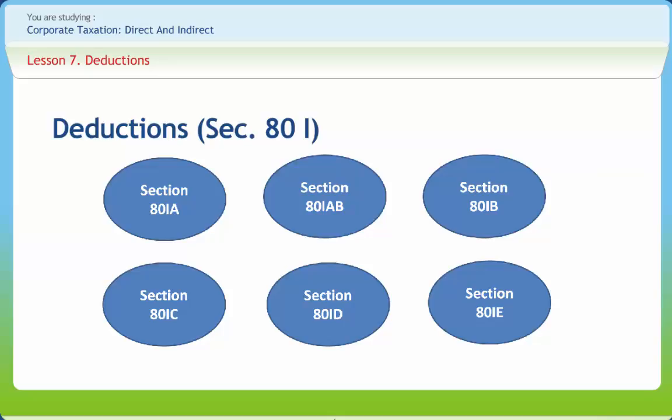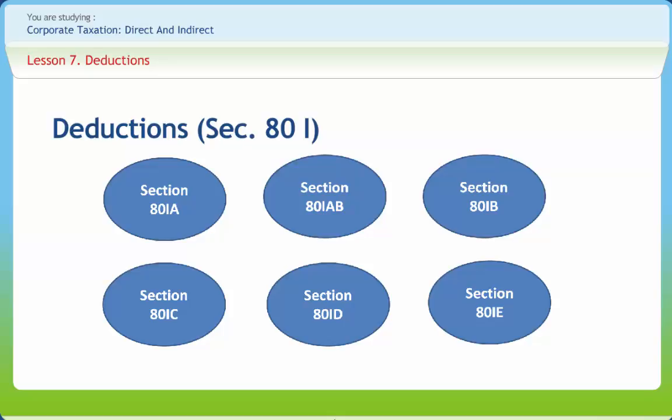It has entered into an agreement with the central government or a state government or a local authority or any other statutory body for developing or operating and maintaining, or developing, operating and maintaining a new infrastructure facility. It has started or starts operating and maintaining the infrastructure facility on or after the first day of April 1995.